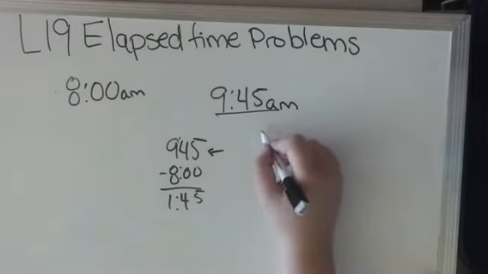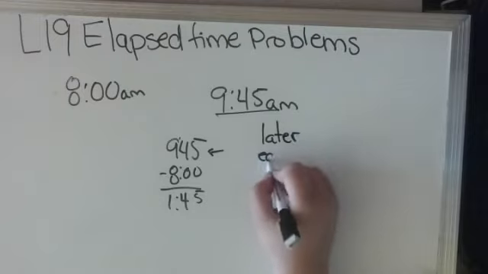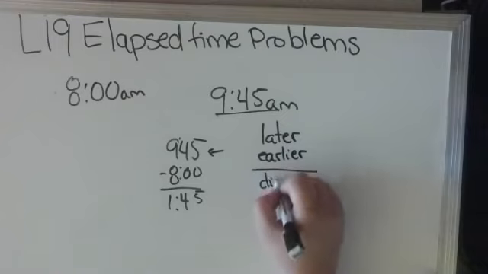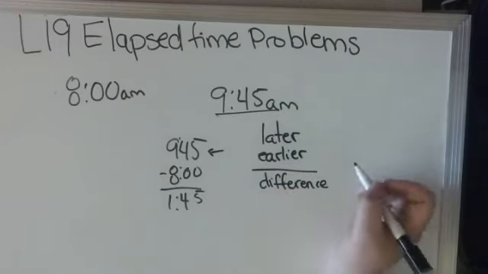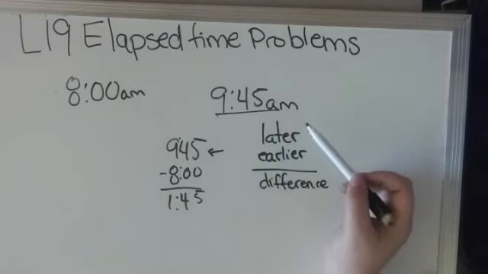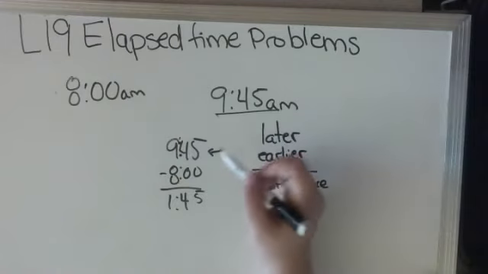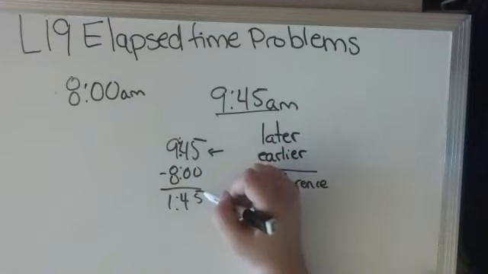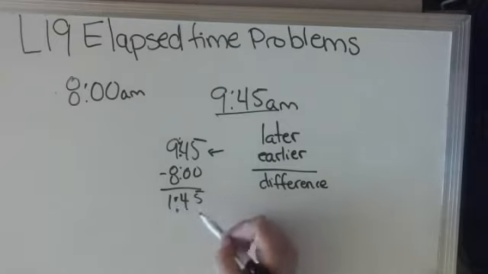So when we're looking at time, we go later time, earlier time, difference. Just like we're working with years, your top number has to be your biggest number. So this was the later time, 9:45. I took 8 o'clock from 9:45, or 800 from 945, and I ended up with 145, or 1 hour and 45 minutes.